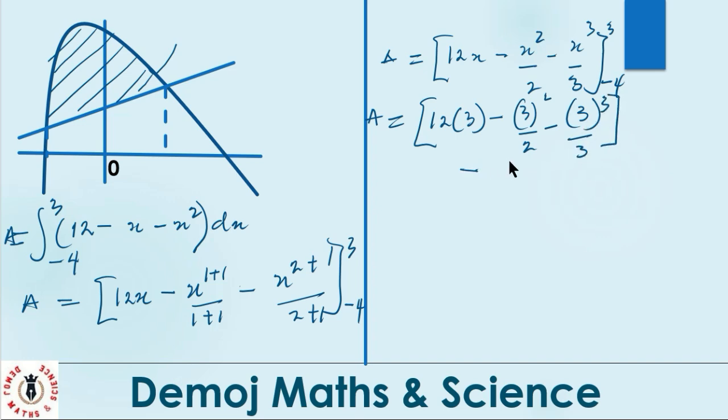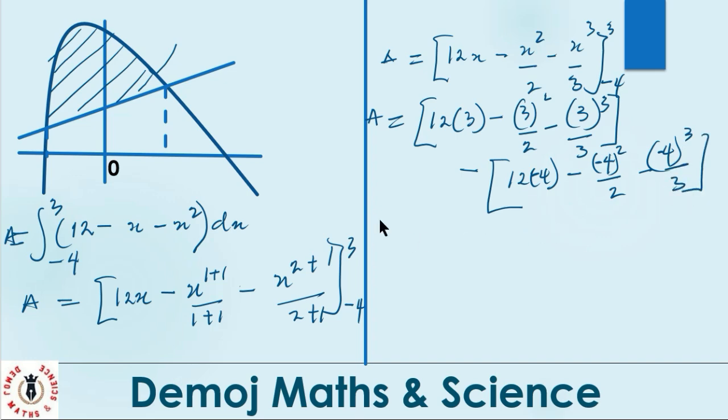In place of x, I'm putting 3. Now minus, we repeat the same thing and substitute minus 4 for x: 12 times minus 4, minus minus 4 raised to power 2 over 2, minus minus 4 raised to power 3 over 3.